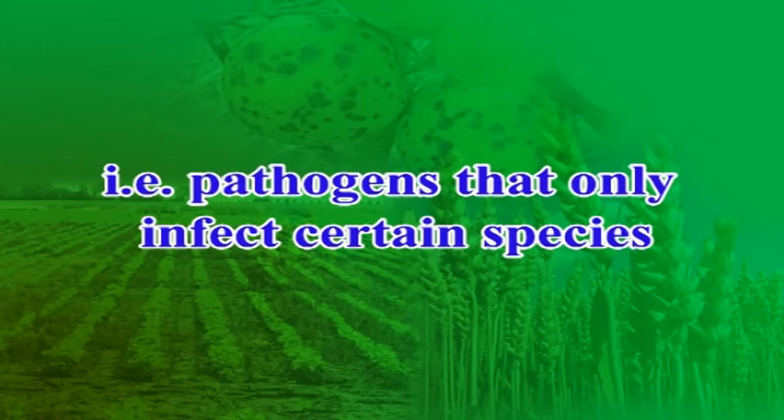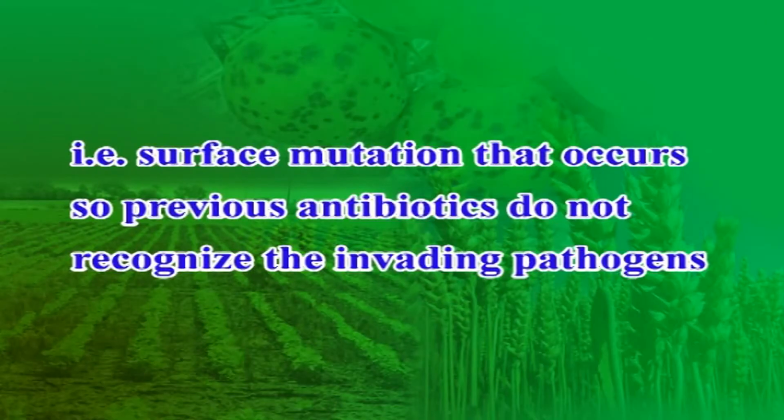Pathogens may have specific adherence mechanisms to attach to the cell or tissue surface, like tissue tropism, that is, pathogens that only infect certain species, and genetic specificity, that is, surface mutation that occurs so previous antibodies do not recognize the invading pathogens.